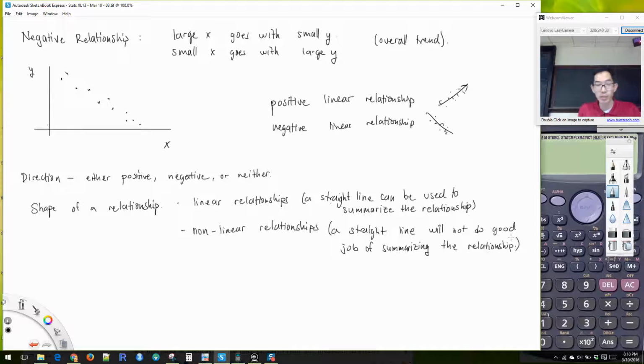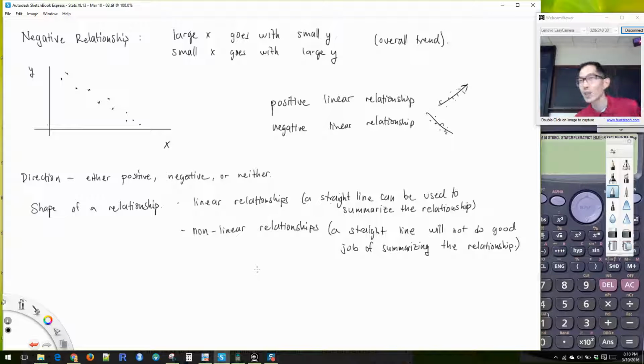Okay. Now, as far as how do we tell if a relationship is linear or nonlinear? As far as we're going to go in this class, we're just going to use our eyes. Statistical tests exist, but they're just okay at this thing.